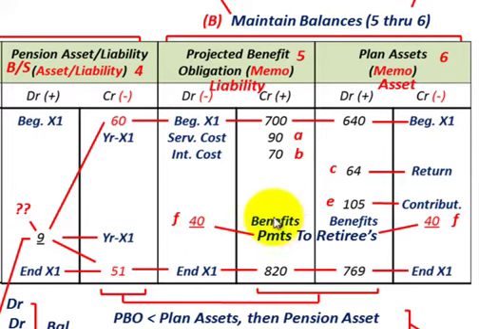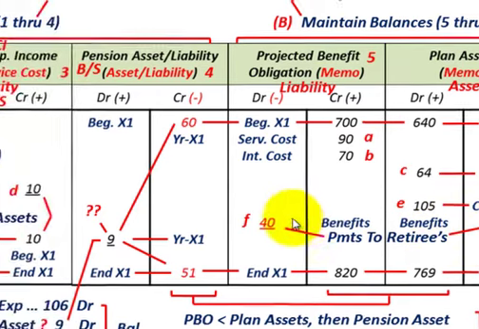That would be listed as benefits here, so we reduce our projected benefit obligation by $40,000. And then moving over to our plan assets, we would credit that here, and that would be reducing our plan assets by $40,000. So those are the payments to the retirees. You didn't see any cash transactions there. You handle that between your projected benefit obligation and your plan assets.